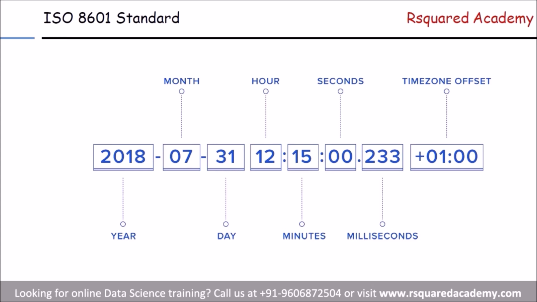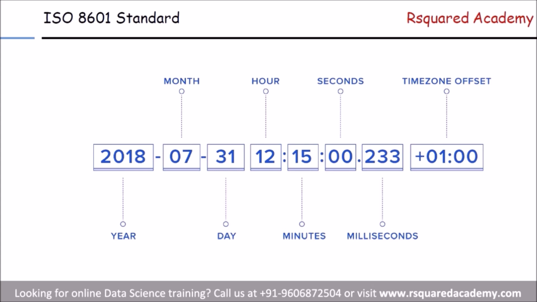Then it is followed by the time component, which is the hour, minute, second, and in some cases you will see the milliseconds as well, and finally the time zone offset. I'll come to the time zone and offset part when we come to the module on time zones and daylight savings.